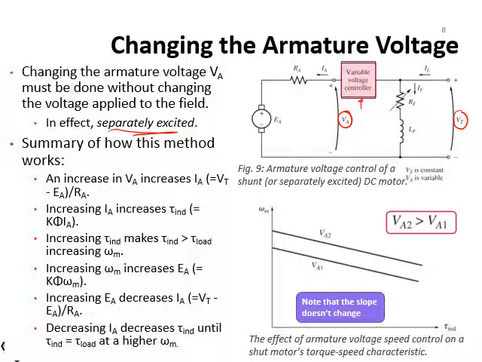So we have two power supplies, one for the armature circuit and the other one for the field circuit. So in effect now that's what we have. We have VA and we have VT that we can control separately. Right. Then how does this method work?